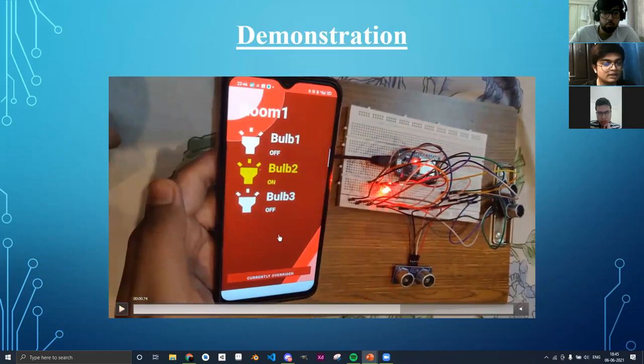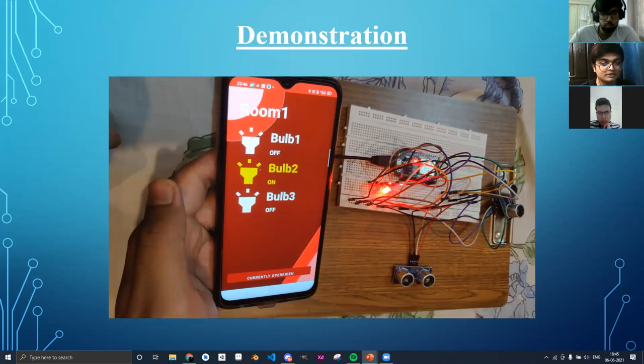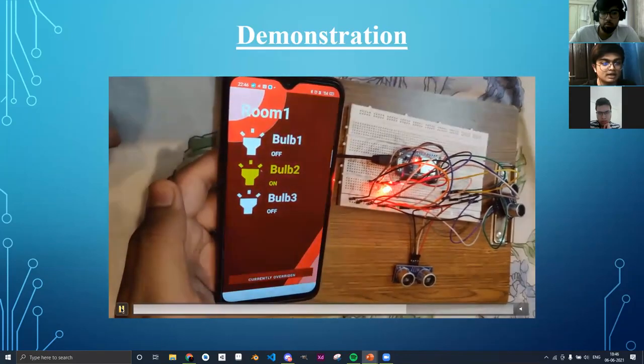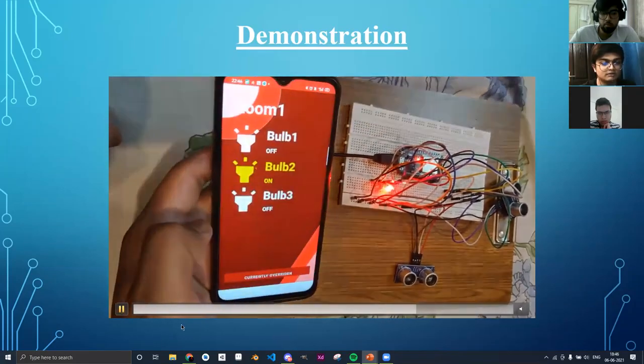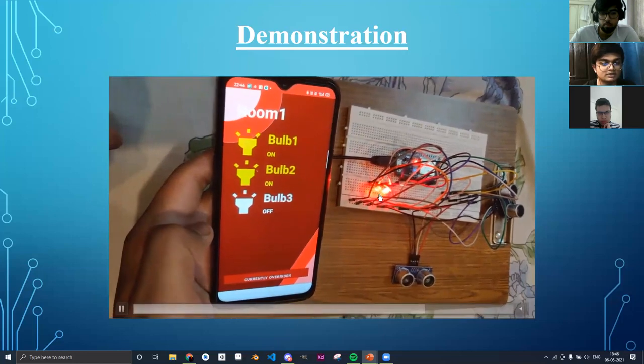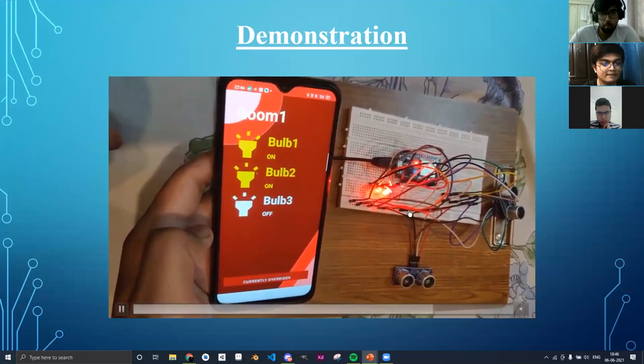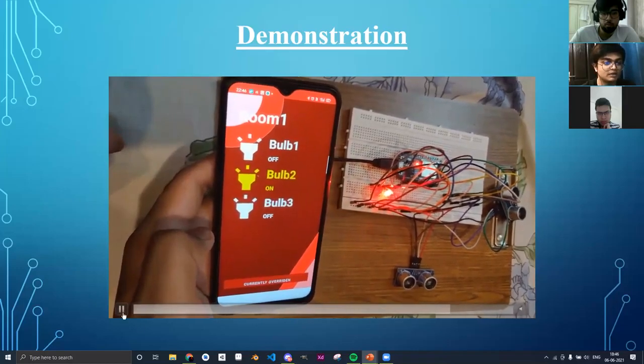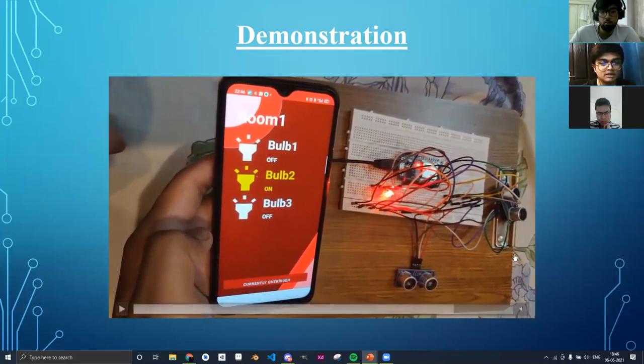You can see I'm not controlling the bulb, but Harsh is using the Android application to control it, and he's in Bhopal right now, and I'm in Delhi. Because of the Wi-Fi module, we are able to communicate from anywhere in the globe. Now you can see bulb 2 is on, and if he turns it off, then it will turn off. Now bulb 1 is also on, and we are able to control it from anywhere in the world.